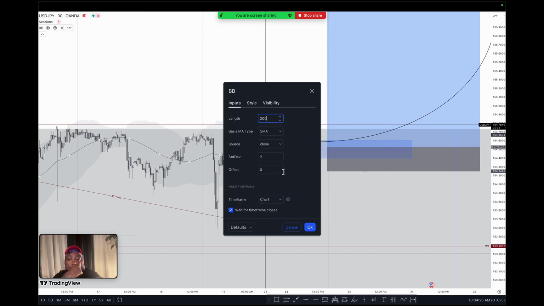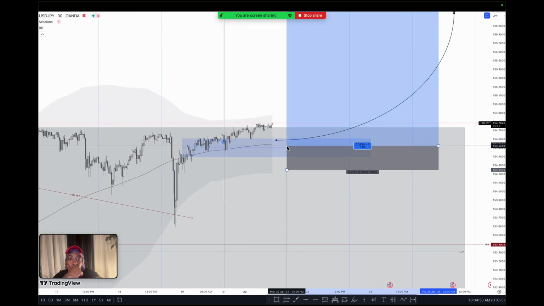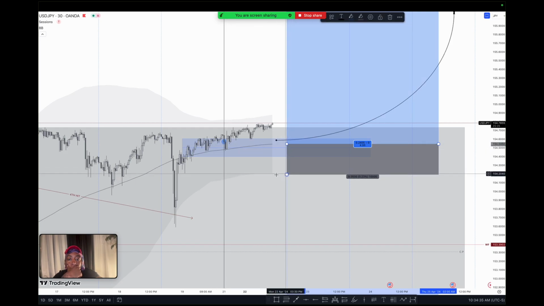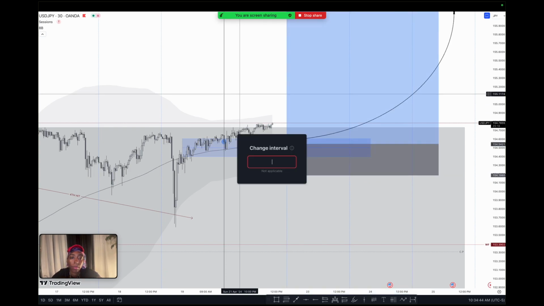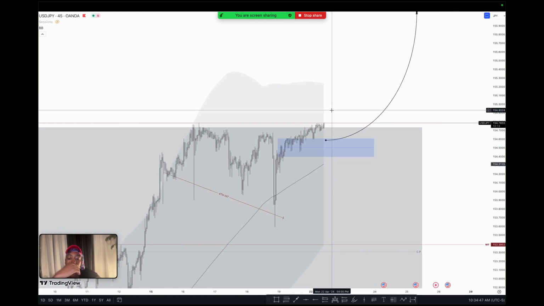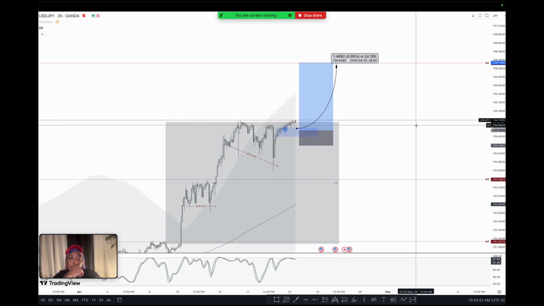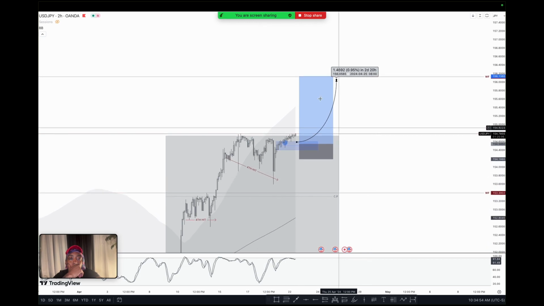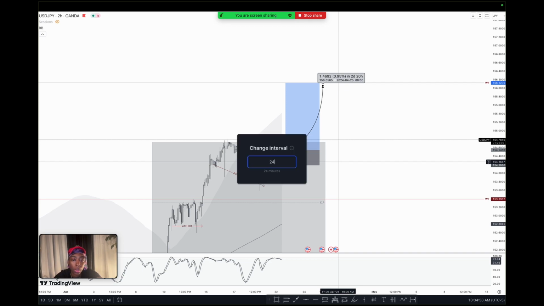I'm gonna put the stop loss below these lows right here. If you're aggressive, you can put it underneath the point of interest. So it just depends on the setup for real.